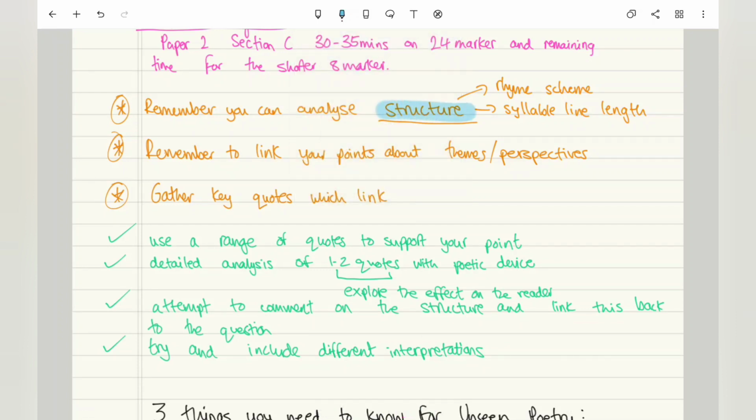You can in fact analyze structure. So what does that include? That includes a rhyme scheme, that includes a syllable line length. Also, remember to link your points about themes and perspectives, and gather your key quotes which link. Find quotes that link with one another because that will save you time.